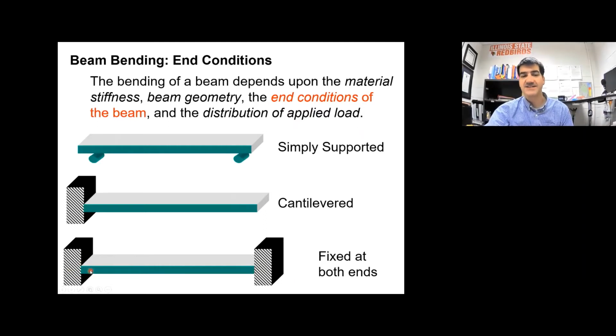We're actually not going to talk in very much detail about this last situation in this class. The 2 cases that we're going to focus on in this class, because they're most common, are these upper 2 cases, the simply supported beam and the cantilever beam.